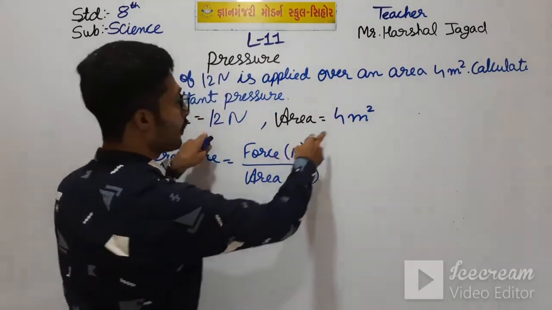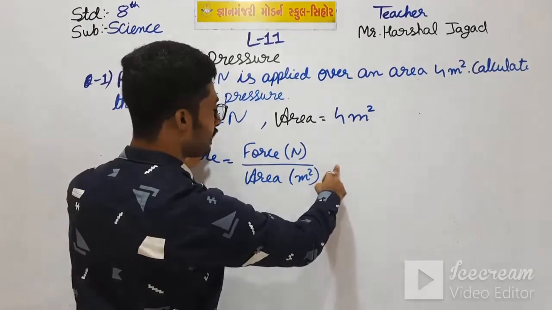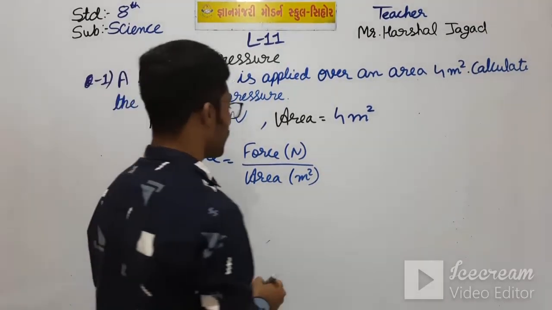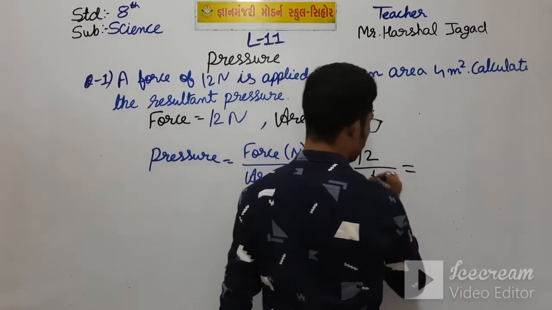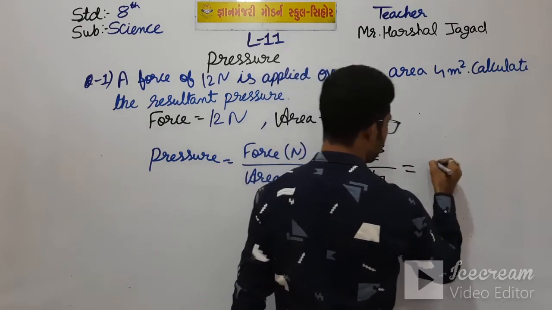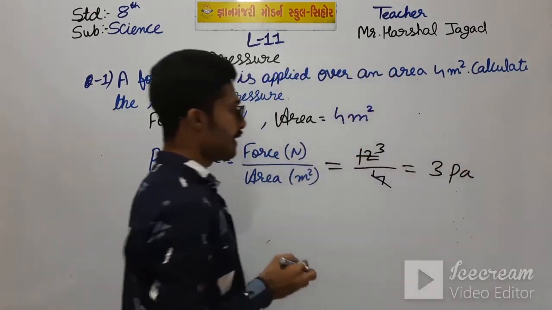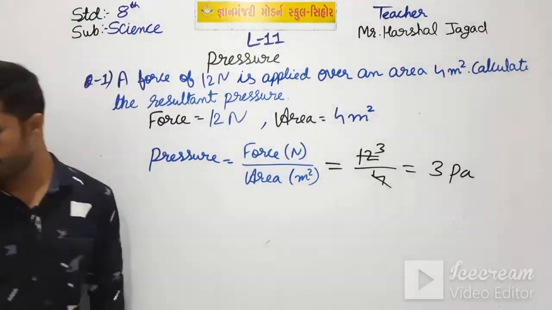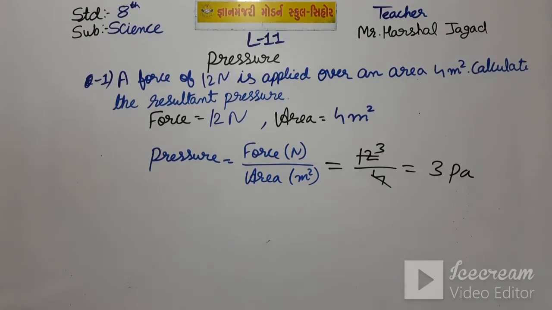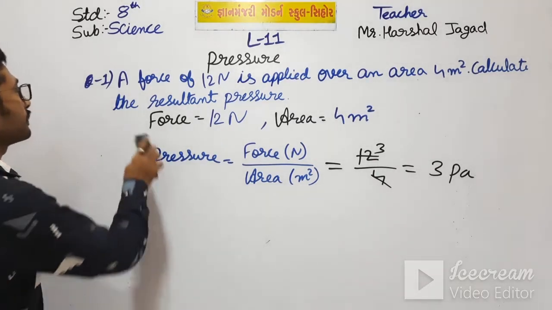So we just have to put the value of force and area in this and calculate. That is 12 by 4, 4 3s are 12, that is 3 Pascal. Okay students, so this is your first sum. Please note down. Okay, have you noted down this?